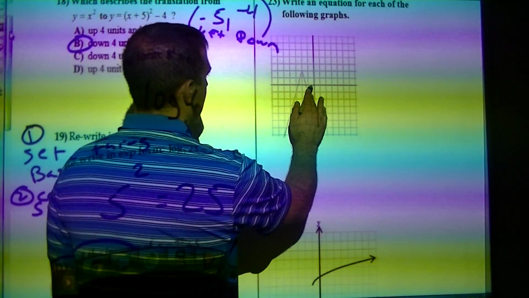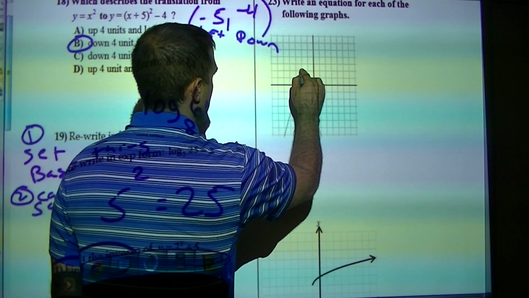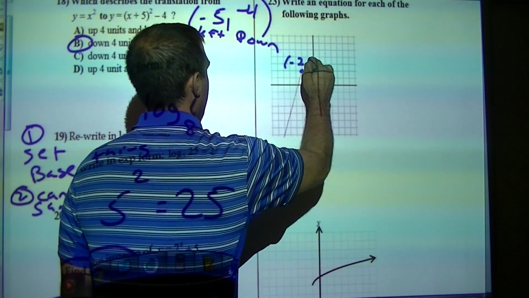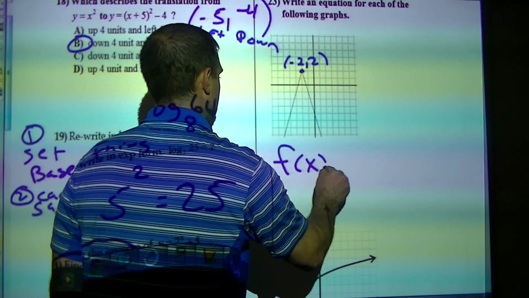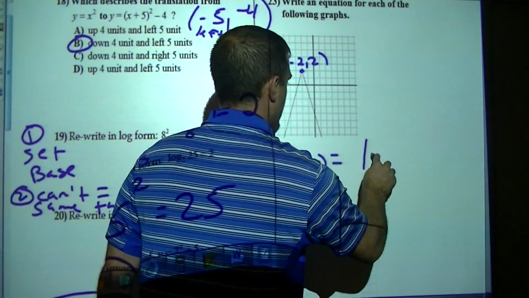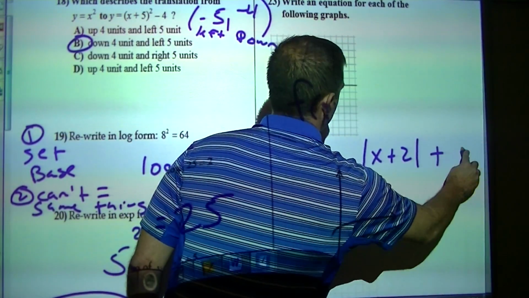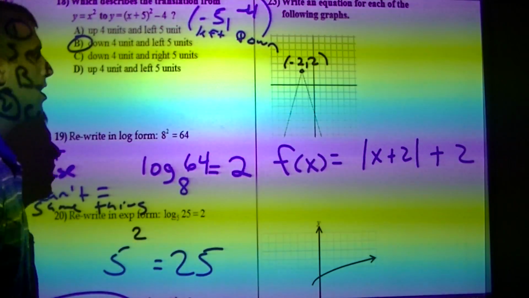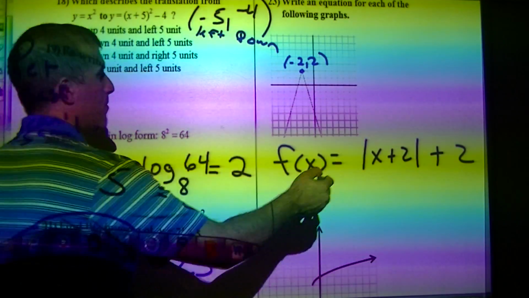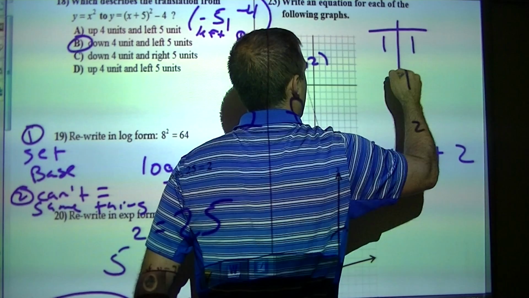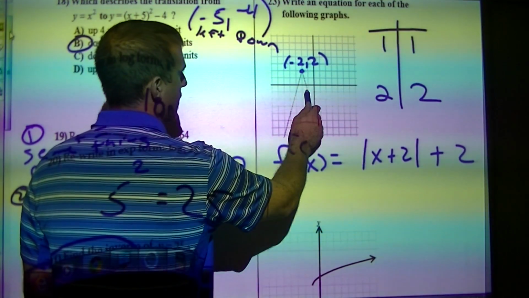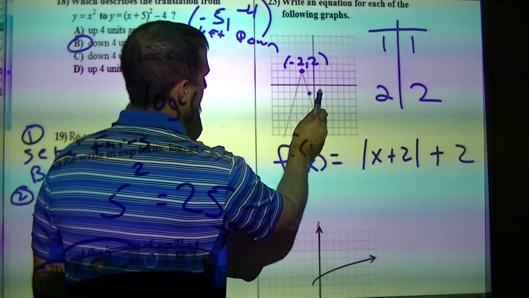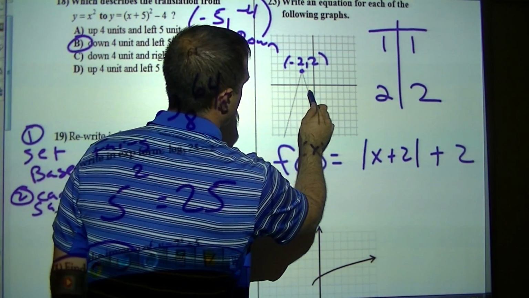Okay, so what I got here is -2, 2. From an absolute value standpoint, that's the absolute value of x plus 2 and plus 2, opposite on the inside. Now what I have to do is, what are my normal points? My normal points are 1, 1, 2, 2. So I look at where I am. 1 over, I go down to here, so that's 1 over, 1, 2, 3.